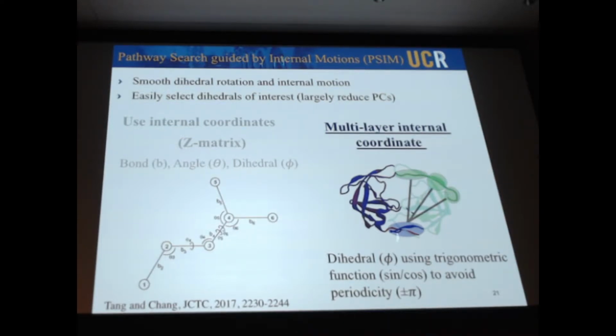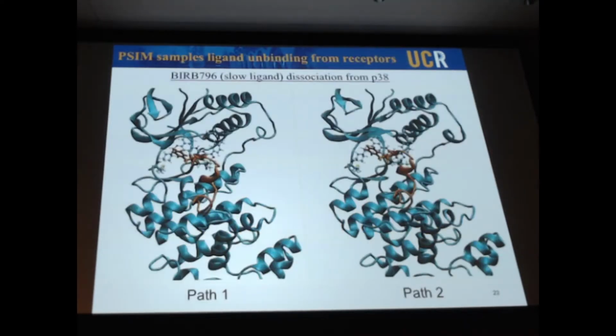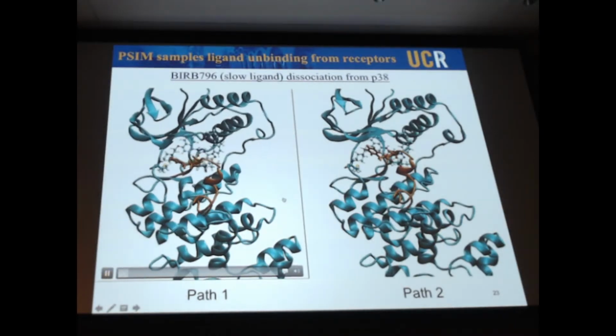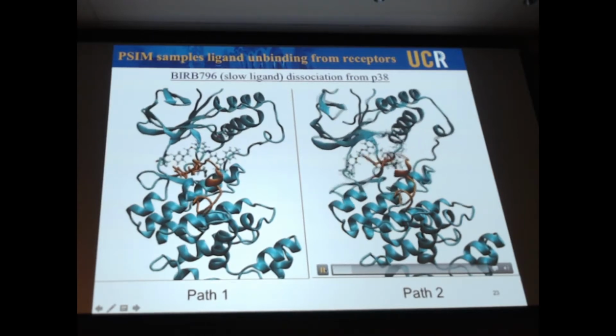So in this case, it also has another advantage, that when you are doing some kind of conformational analysis, if you identify, say, for example, a few dihedral angles as a hinge motion, you can focus on this one and you can manually rotate it. Okay, so it will give you some ideas about the larger scale conformational change. But then we use this method, and then we get the binding pathway for both the allosteric channel or ATP channel.